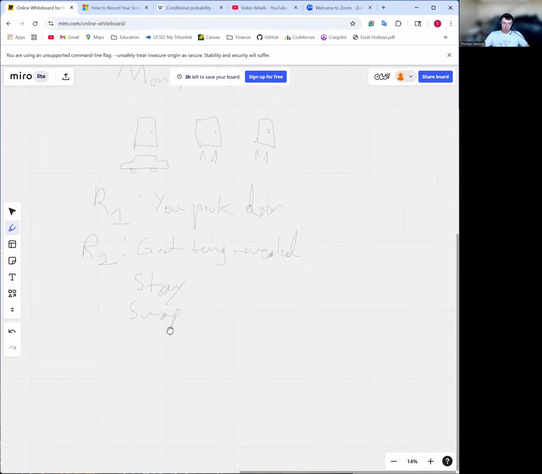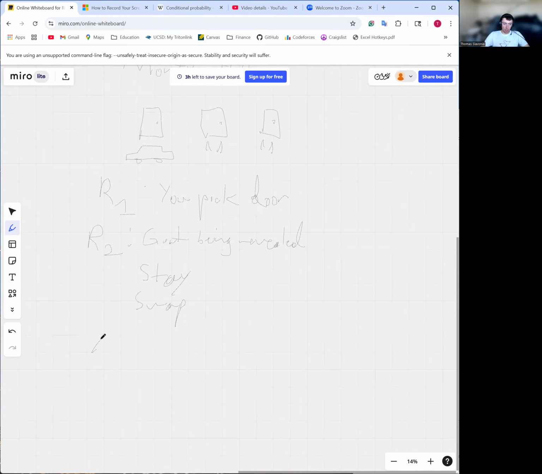So let's apply Bayes' theorem to this problem. Let's let A be the event that the car is behind the door you chose in the first place, the door chosen in round one, and B be the event that the host reveals a goat.